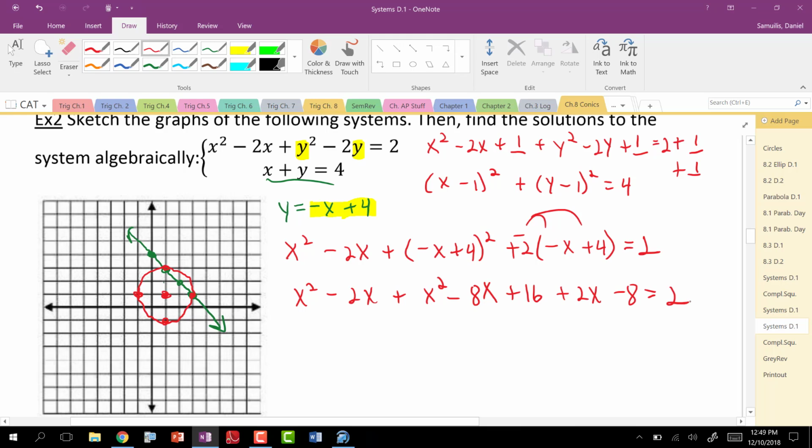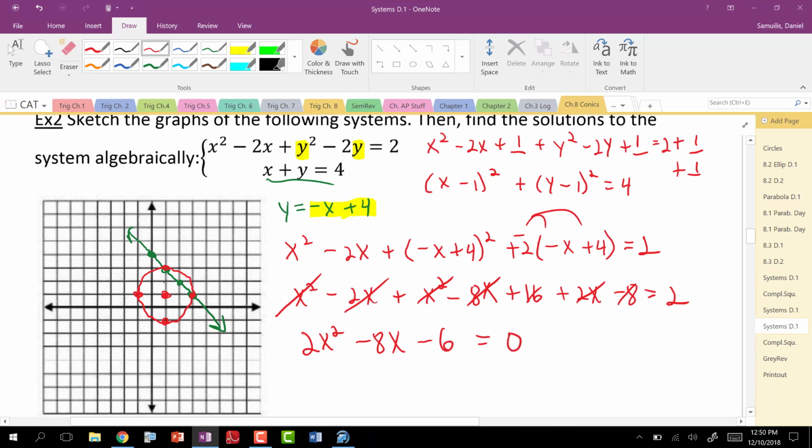Now I have to cross these off after I get them like termed here. 2x squared. So this is negative 10x. Negative 8x. Okay, so that 2x and negative 2x actually canceled. And then this becomes 8, but then I have to subtract 2, so I get 6.